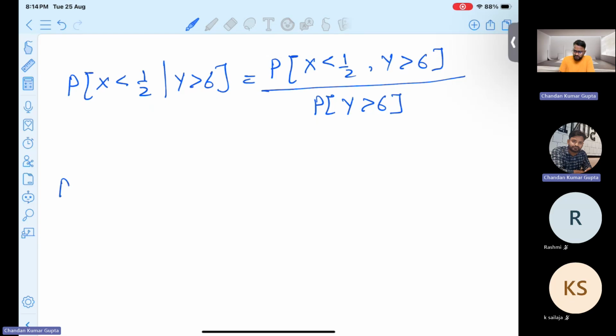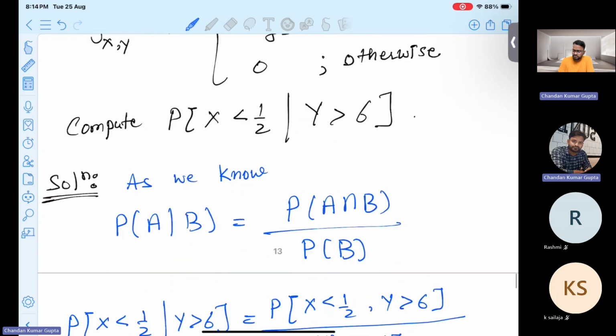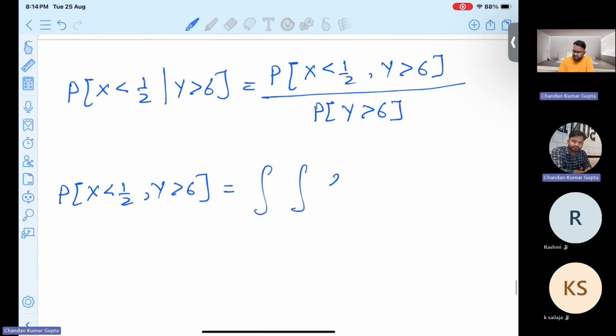The probability that x is less than half and y is greater than 6 is the integral of our density function, 24x square upon y cube. We can write dx then dy, or dy then dx; I have written dx first, then dy.